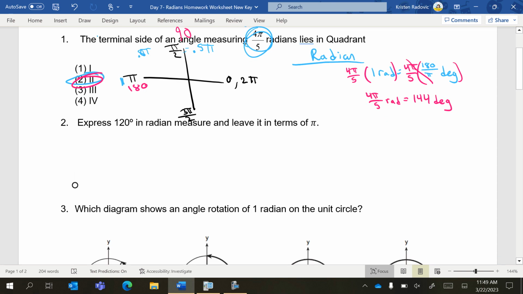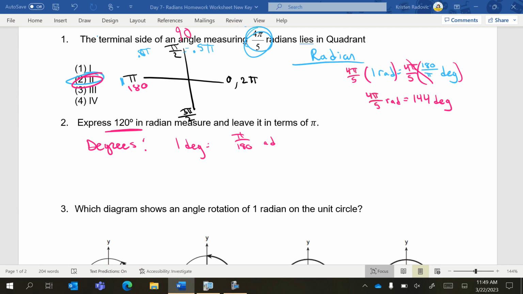For number 2, they want you to express 120 degrees in radians. So because you're given degrees, you are going to use the degree formula. On your reference sheet, and what you'll have on the quiz, it'll say 1 degree is equal to pi over 180 radians.